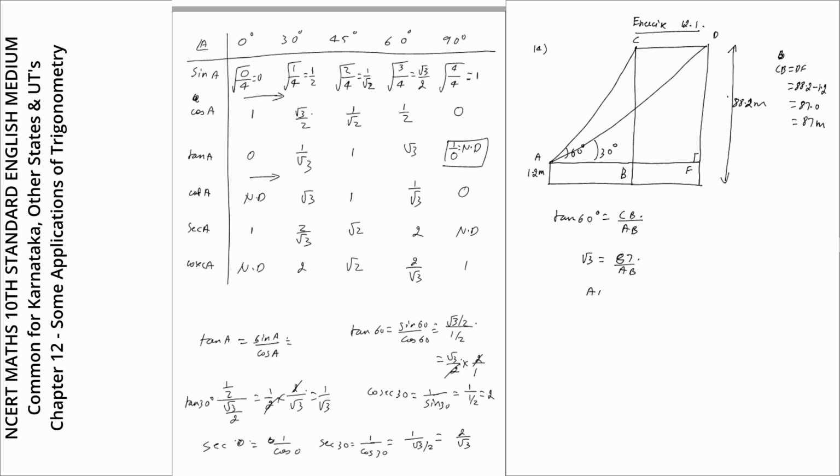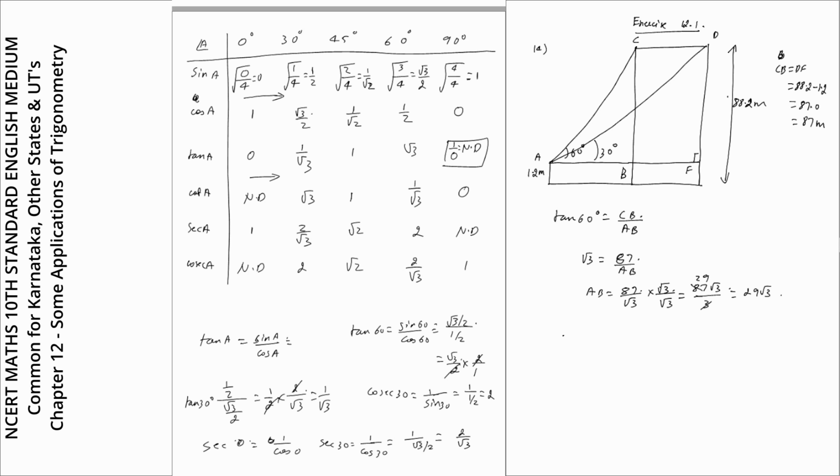So AB is equal to 87 by √3. Now I can rationalize the denominator, that means I'll multiply and divide by √3. So 87√3 over 3, since √3 into √3 is 3 only. So 3 1s are 3, 3 2s are 6, 3 9s are 27. So 29√3 I'll get as AB, the length of AB.